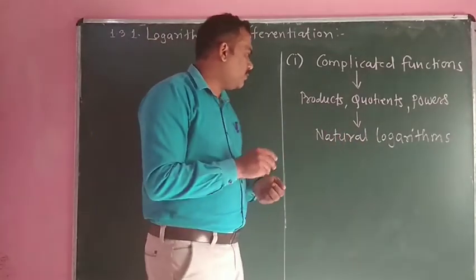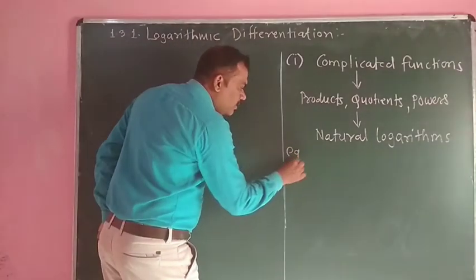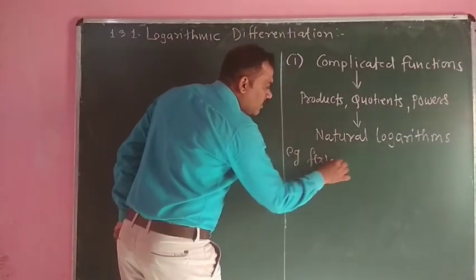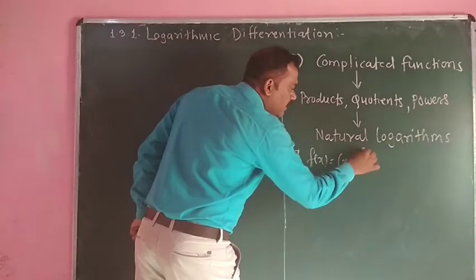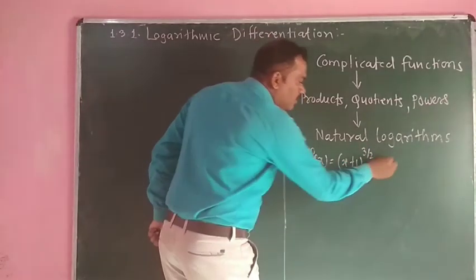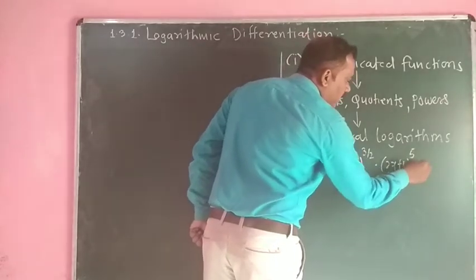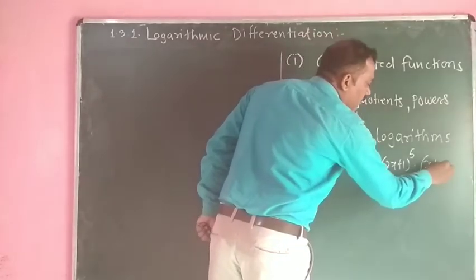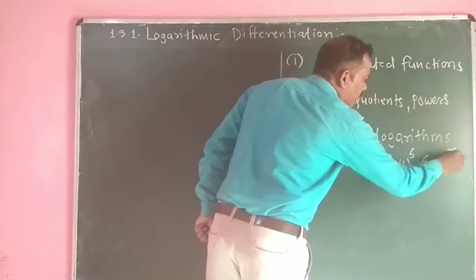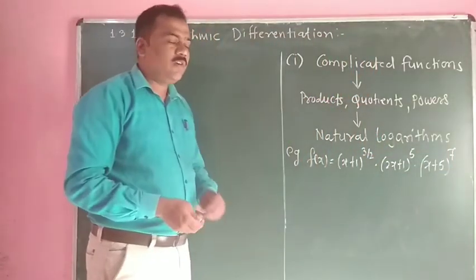For example, suppose that we are given the function f of x is equal to (x plus 1) raised to 3 by 2 into (2x plus 1) raised to 5 into (x plus 5) raised to 7. This function is complicated. Why?